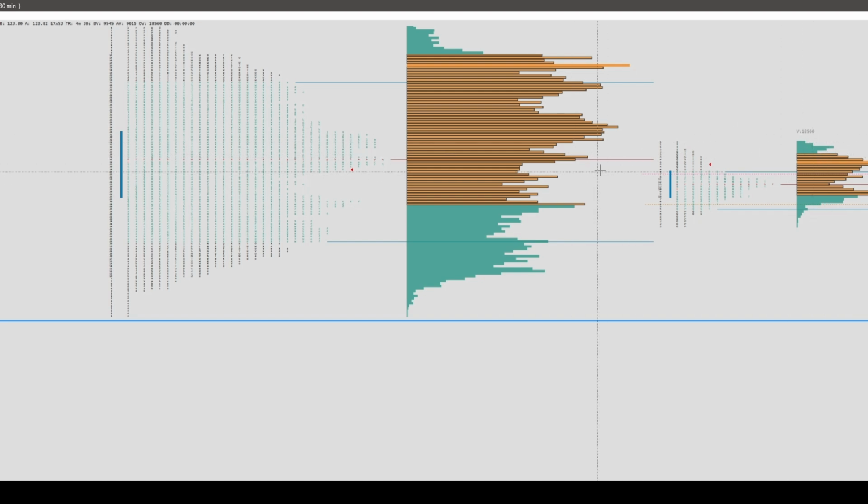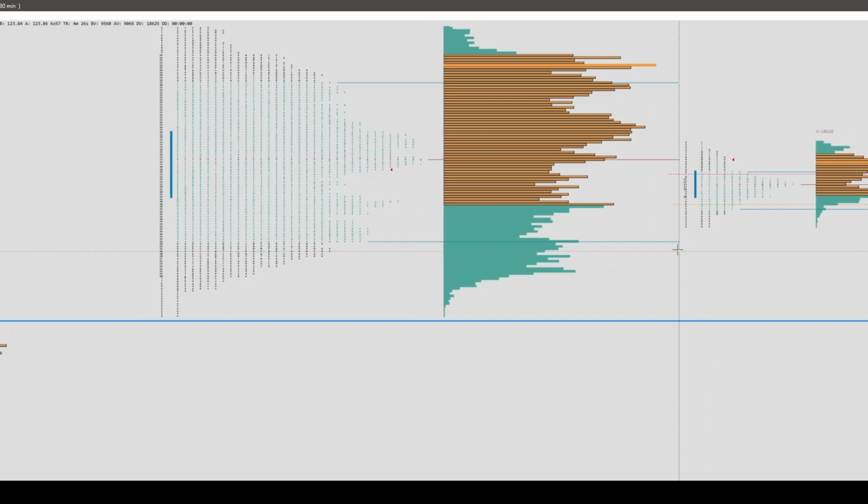So this is the point of control of the TPO chart, and it seems like the market is respecting that a lot. If the market is going to be rallying down, I would be looking at the value area low of the previous week, which is sitting at 123.18. I would look at how the market is reacting on this area.